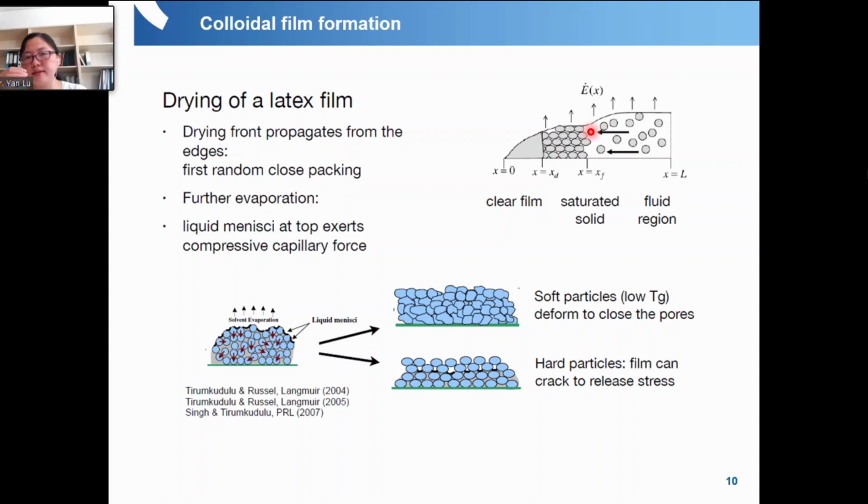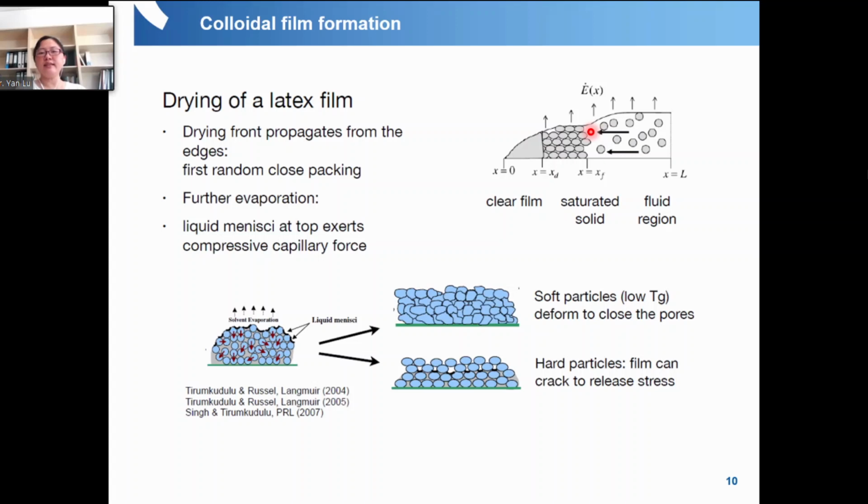If the film is based on hard particles, meaning the glass transition temperature of the particle is higher than the temperature you use to dry your film, then of course the film will crack, and in the end you will not see a piece of film you can use, but a lot of cracks on the surface.